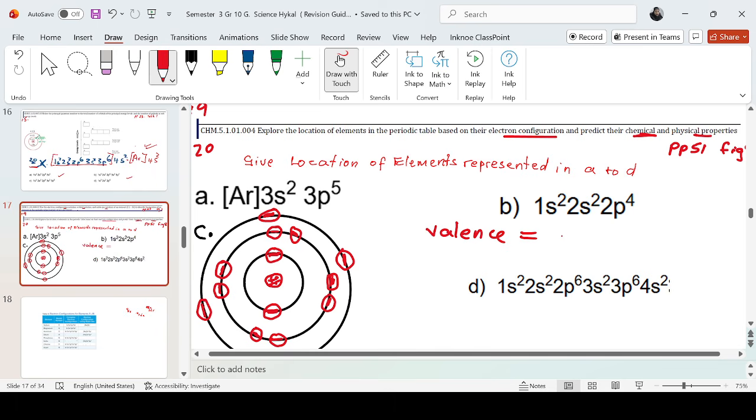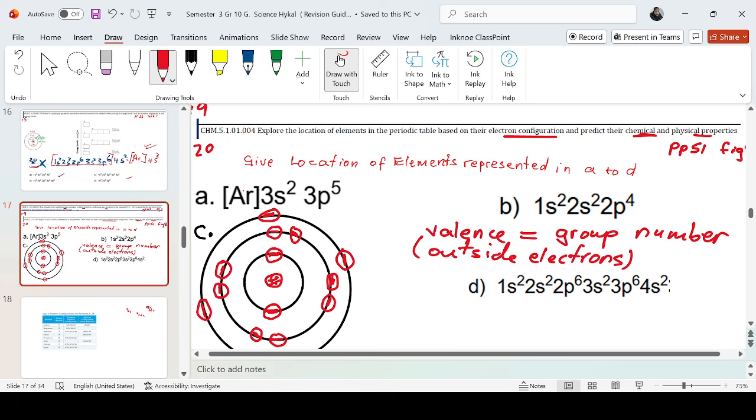Valence gives you the group number. What is valence? The outside electrons, the outermost electrons. Just focus on the outside electrons only.